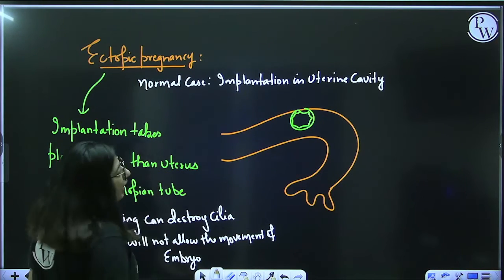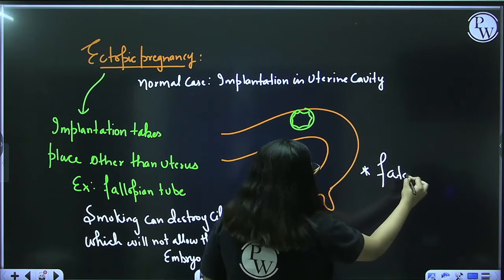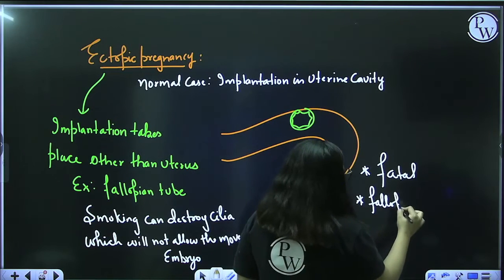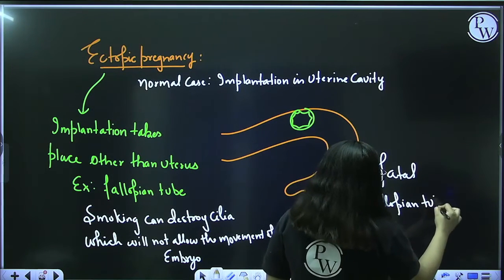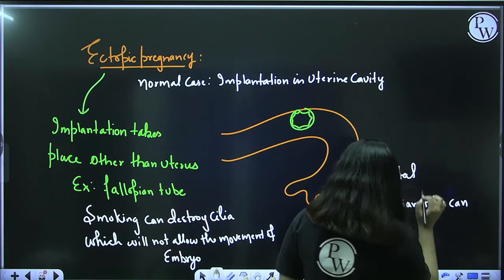Okay, and this can be fatal. Fatal means a female can die. Why? Fallopian tube can burst. Okay.